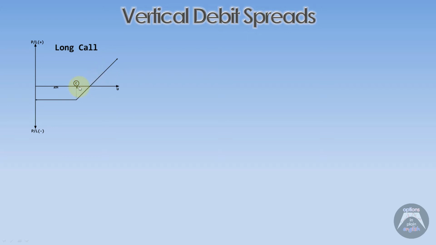Now, the drawback or disadvantage of this position is that if it expires out of the money, then it's going to expire worthless. So you're risking the money that you paid for the call, which is the initial premium. As time starts passing, you're going to start suffering the loss of value. Every day is going to start decaying.